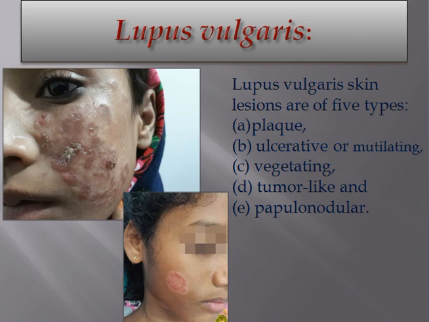Lupus vulgaris skin lesions are of 5 types: plaque, ulcerative or mutilating, vegetating, tumor-like, and papulonodular. The plaque form is the most common form of lupus vulgaris, accounting for 32% of cases, whereas the ulcerative form is the most destructive and deforming of all lesions.